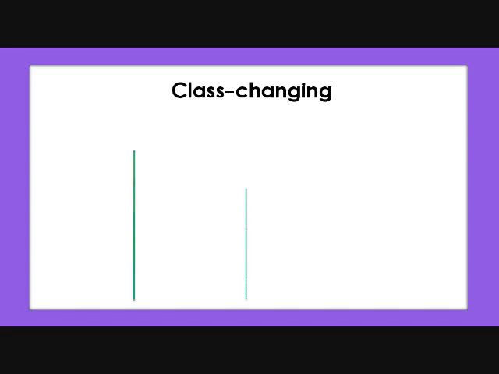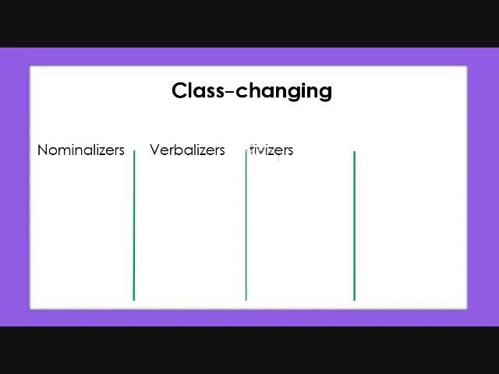With only adding a class-changing affix to a word, you can nominalize it, which means turning it into a noun, verbalize it, which means turning it into a verb, adjectivize it, which means turning it into an adjective, and adverbialize it, which means, ding ding ding, turning it into an adverb.